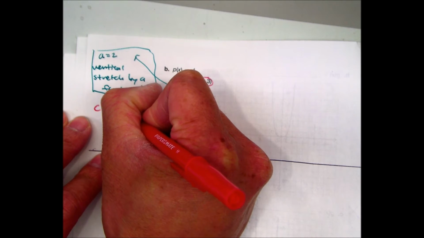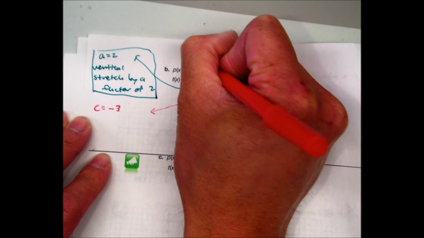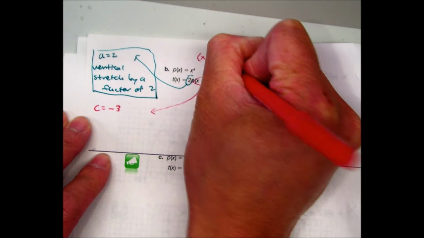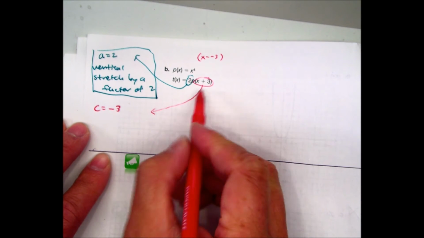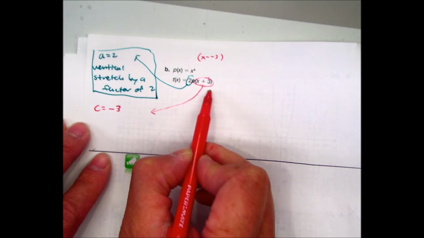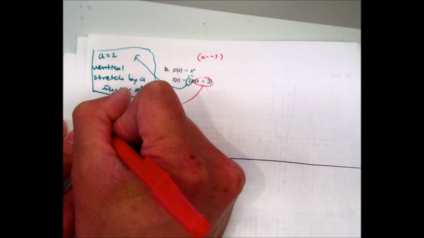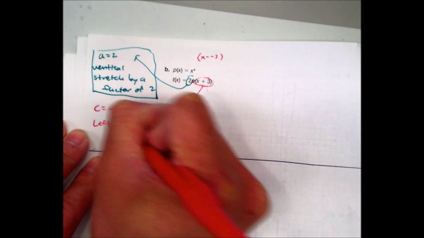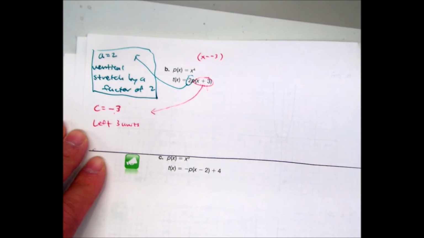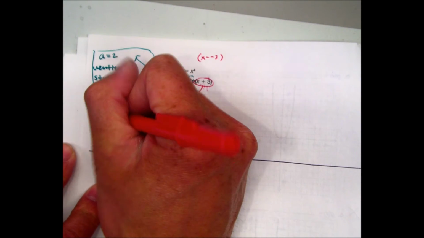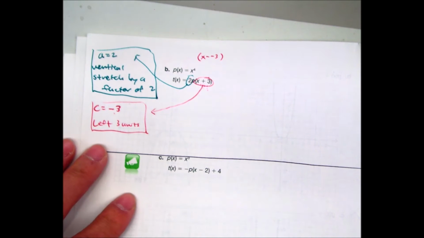The reason why it's negative and not positive is because it's really written as x minus a -3. That's why we go the opposite of what's here. Opposite of positive 3 is -3. Add to x, go left. So this is going left 3 units. Okay, we just did our describing here.